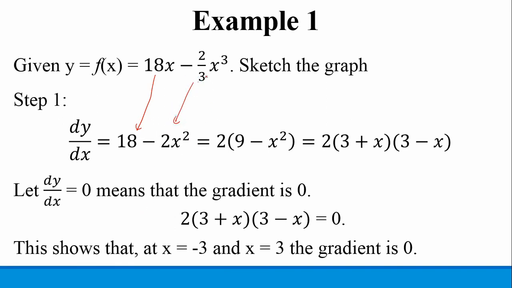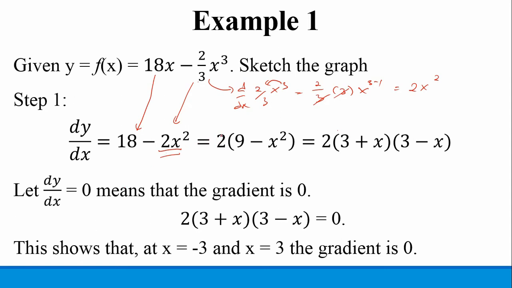Let's see how you get this. When you differentiate, the 3 moves to the front, 2 over 3 times 3x to the power of 3 minus 1. You can eliminate the fractions, and it becomes 2x to the power of 2. That's how you get 2x squared.